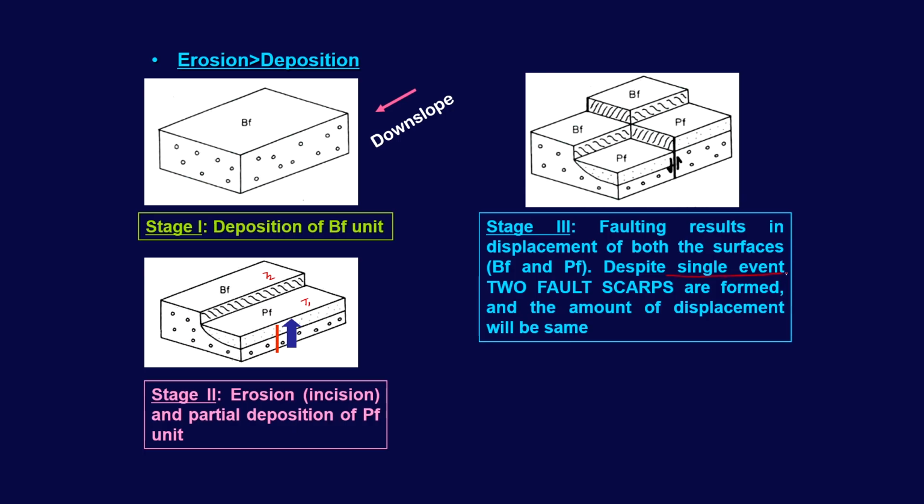Okay. Despite a single event, two fault scarps are formed. So, you have one fault scarp here and another fault scarp is here. So, you see two fault scarps, and then at the same time what you see is the terrace riser over here. So, this part is your terrace riser.